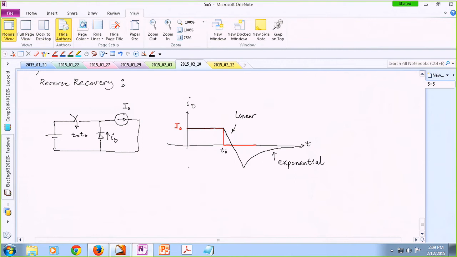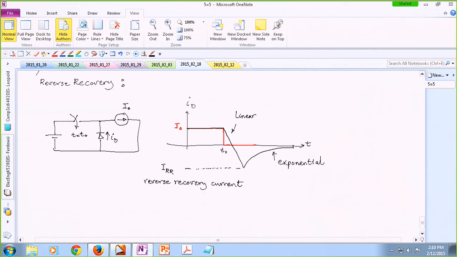And this peak current is called IRR, the reverse recovery current. Sometimes, if you have a relatively extensive data sheet for your component, this IRR is mentioned as a function of the test conditions, like what the forward current was and things like that.